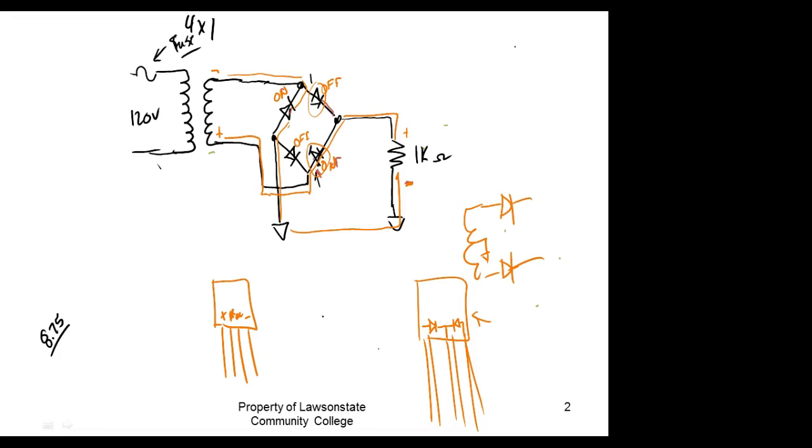So I'm going to wire up a bridge real quick. I think I got enough diodes here. One of mine is bad. Yeah, I got 4. My bad one over there.